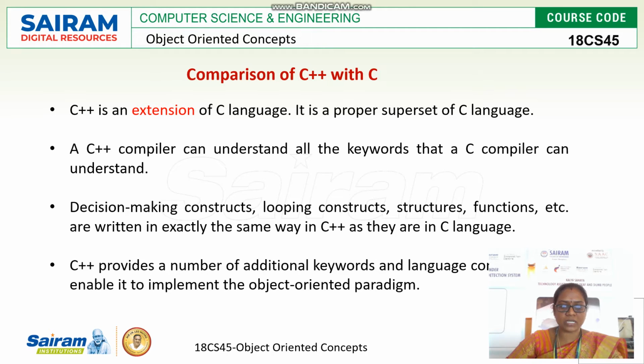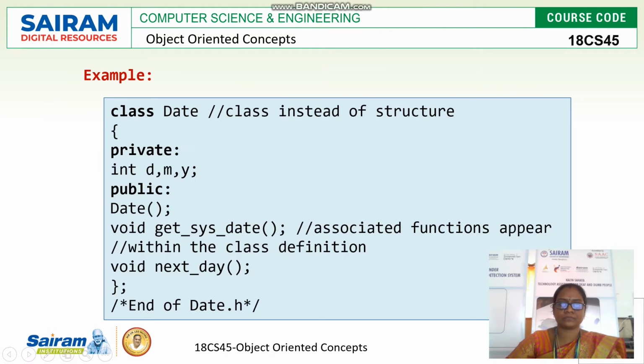C++ provides a number of additional keywords and language constructs to implement the object-oriented paradigm. So apart from the C language, C++ provides additional features for implementing object-oriented concepts.